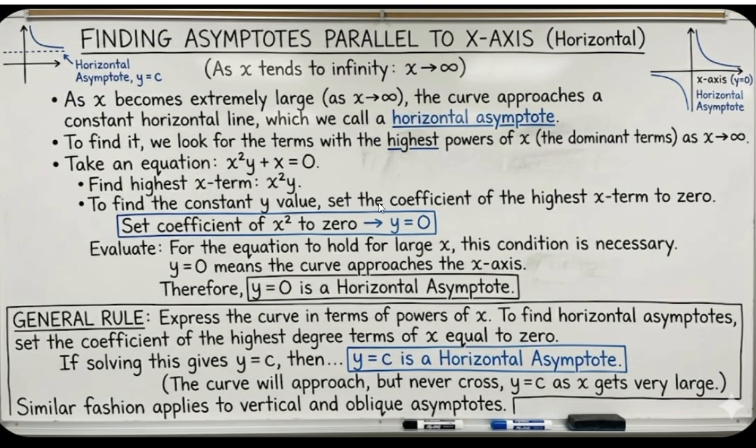This is how it works: as x tends to infinity, the curve will never cross y = c, and it becomes a horizontal asymptote.